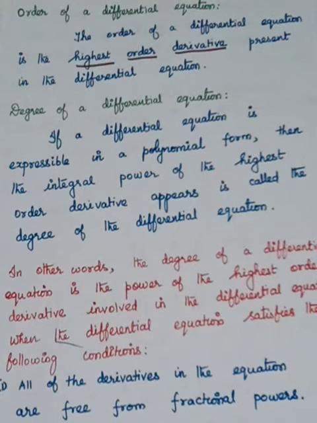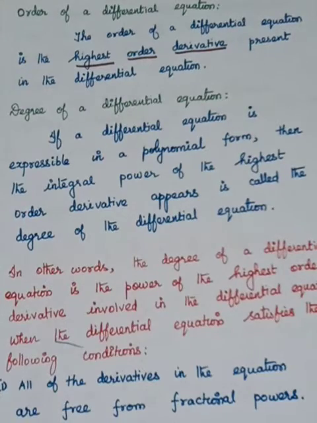The powers of the derivatives, dy by dx, d squared y by dx squared, should not be fractions. If they are fractions, it has to be rewritten free from fractions.